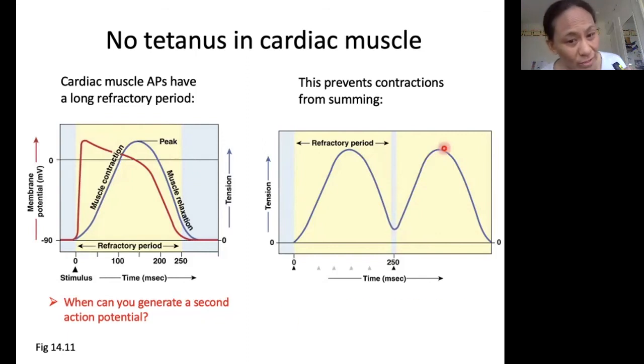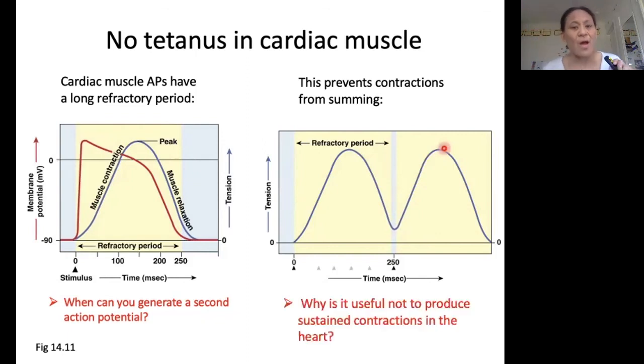Here's a little thought question for you. Why would it be useful to not produce sustained contractions in the heart? Take a few seconds to think about that. Okay, so maybe some of you figured this out, maybe some of you did not, but I'm going to tell you now. Sustained contraction in the heart would be a problem because we want the heart to pump.